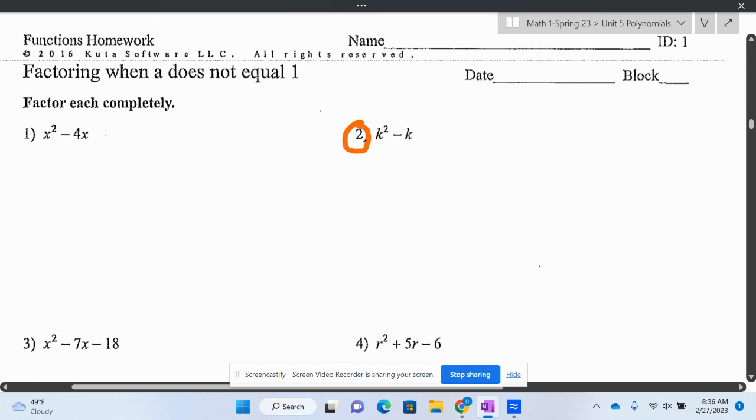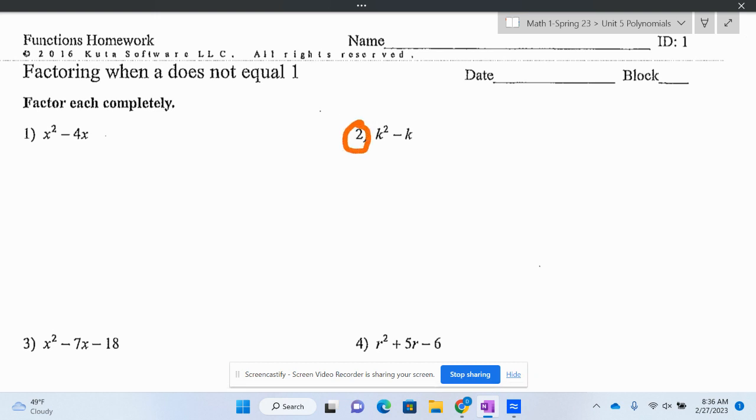So for number 2, are there 3 terms? No. There's only 2 terms. And are both of those perfect squares? No. So for number 2, the only way that you can factor this is by taking out a GCF. That's the only thing that you can do here.